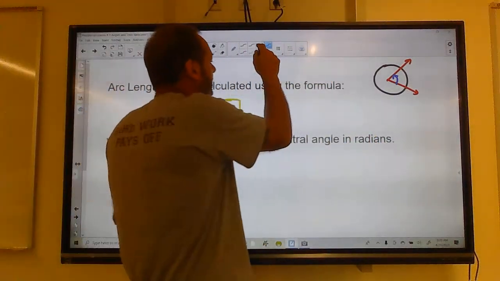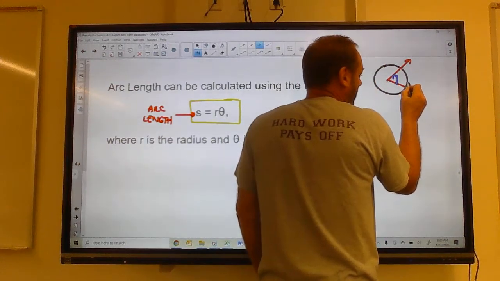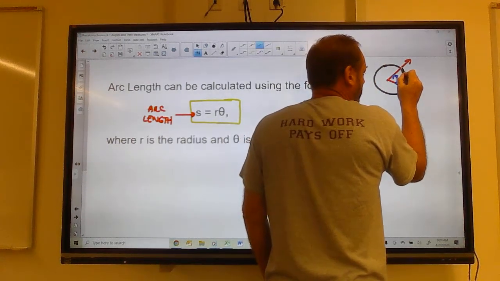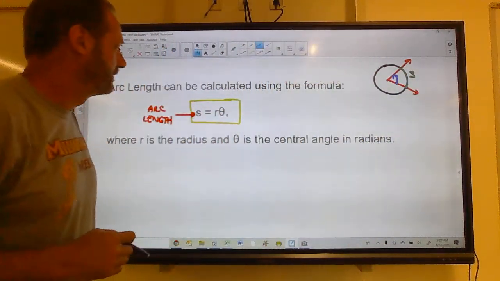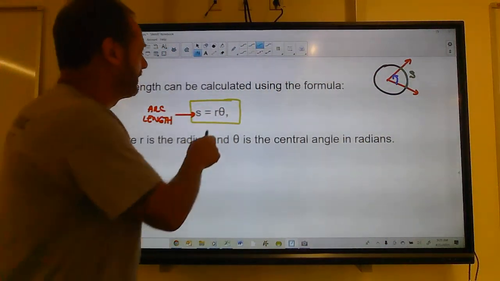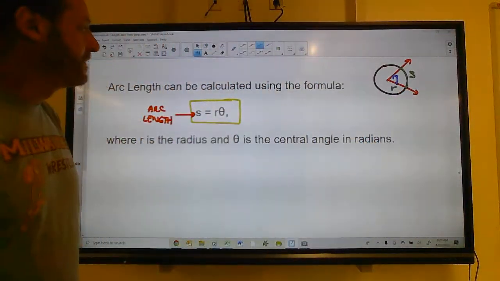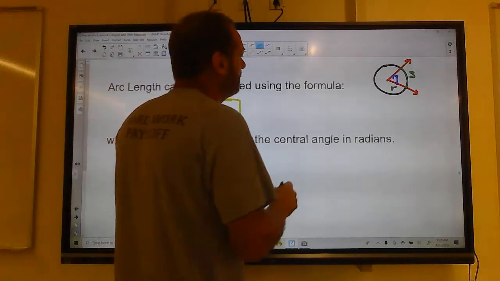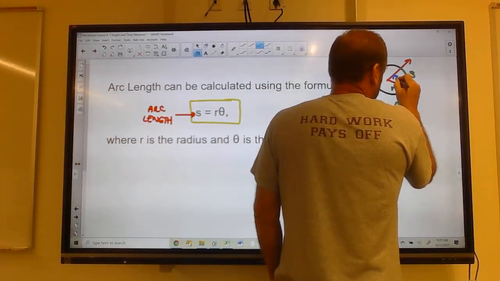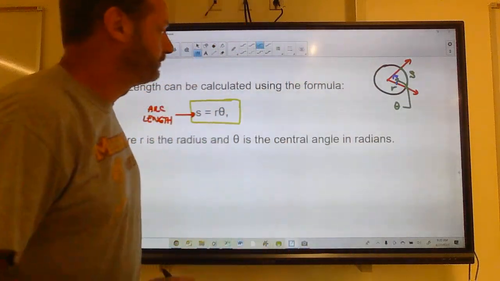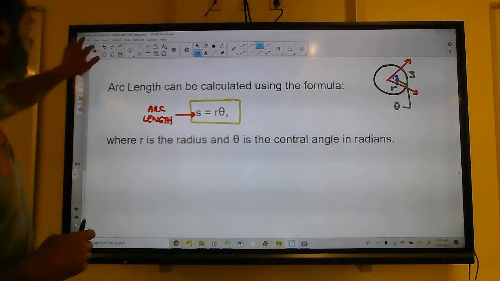An arc length is how far you would have to walk if you started here and walked around this circle to that point right there. That's S. R is the radius, and theta is the angle right there in radians. Okay?